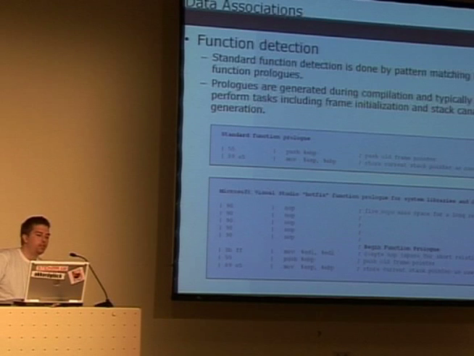And Microsoft actually, in Visual Studio, has now modified the function prologue a little bit. I thought I'd point it out. They've added a move EDI, EDI in front of the push EBP and move ESP to EBP. And they've also included 5 no-ops prior to the function prologue. And this is in all system libraries and system drivers for Windows.